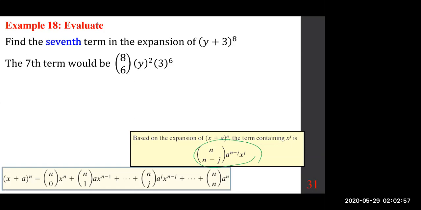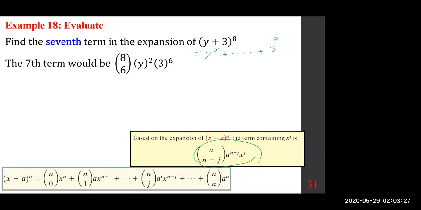Remember, the very first term is y to the power of 8. And the very last one is just a constant, if you will. In other words, it starts with y to the power of 8, and you have a bunch of stuff, and you have 3 to the power of 8 at the end.